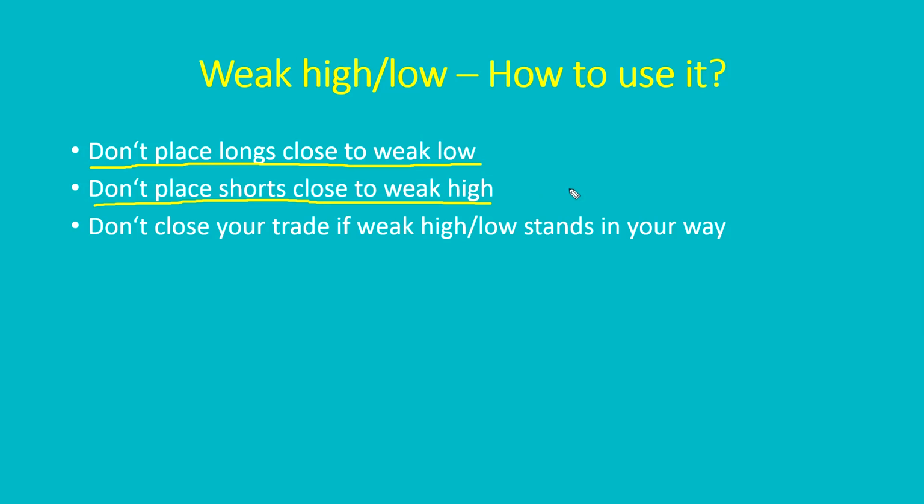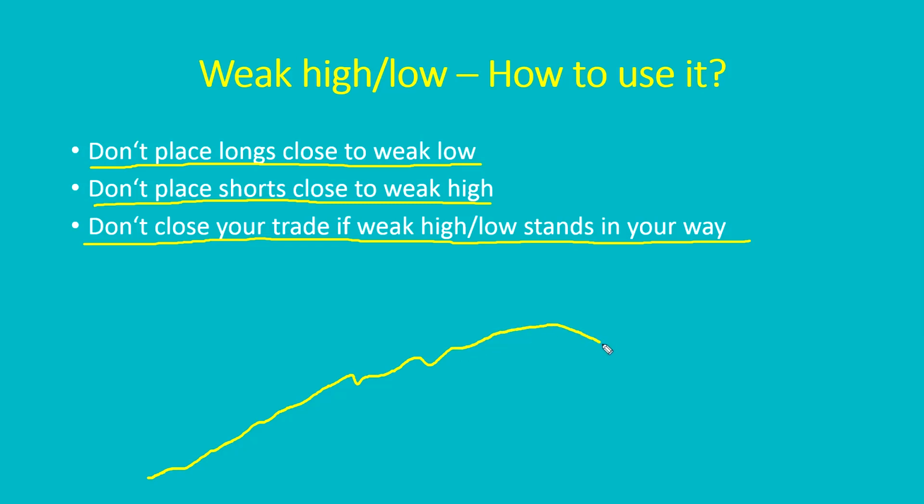Another way you can use weak lows and weak highs is that you don't close your trade if a weak high or weak low stands in your way. What that means is, imagine that you are in a long position and then there is a weak high created. This is the weak high, alright?